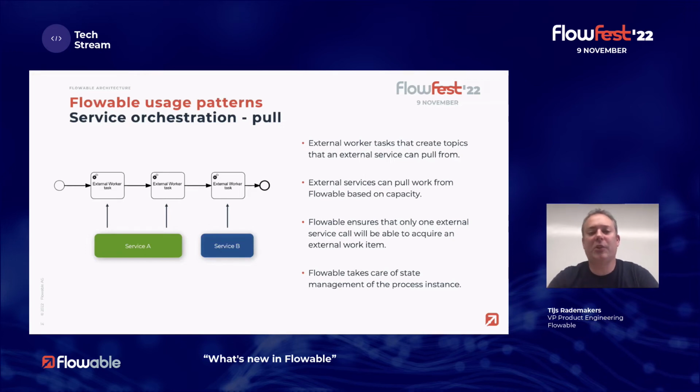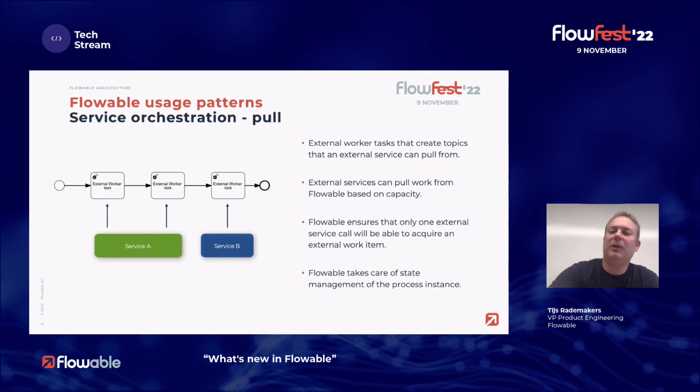And then you can use external services to call out to the queue and say, I want to get the next item from this queue, and I will process that. And so you can see like a service A, service B in this example, where they are trying to fetch data from this queue in Flowable and then execute it. And the nice thing about that is that the service implementation can be horizontally scaled a lot. So you can have like 30 instances of service A, it doesn't matter.